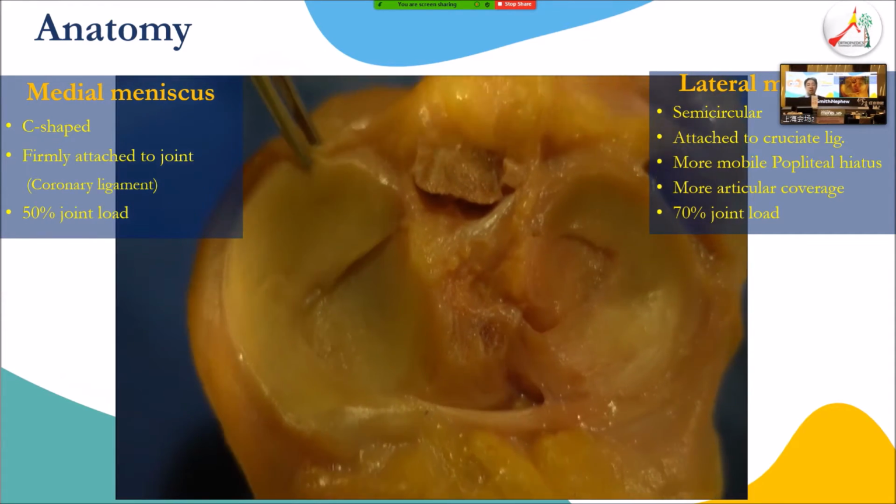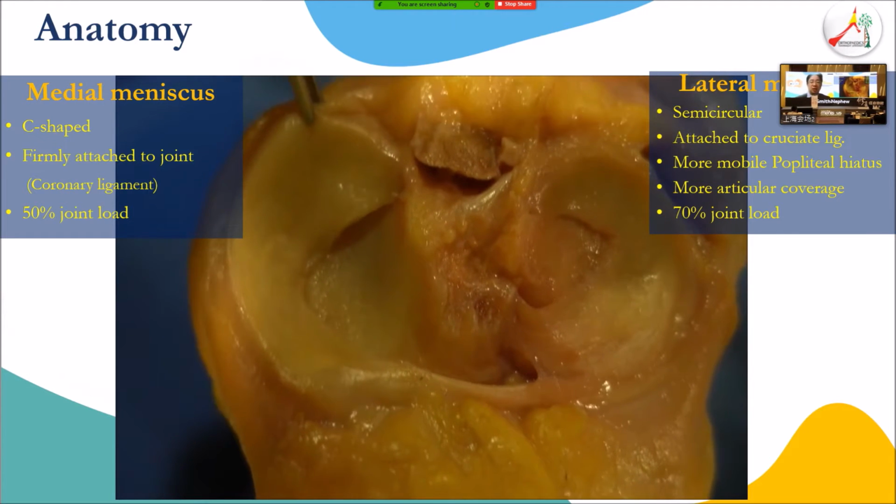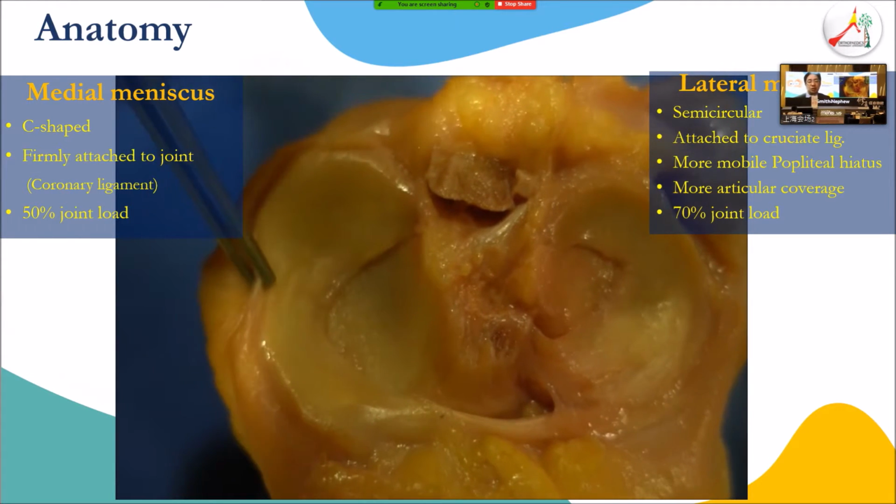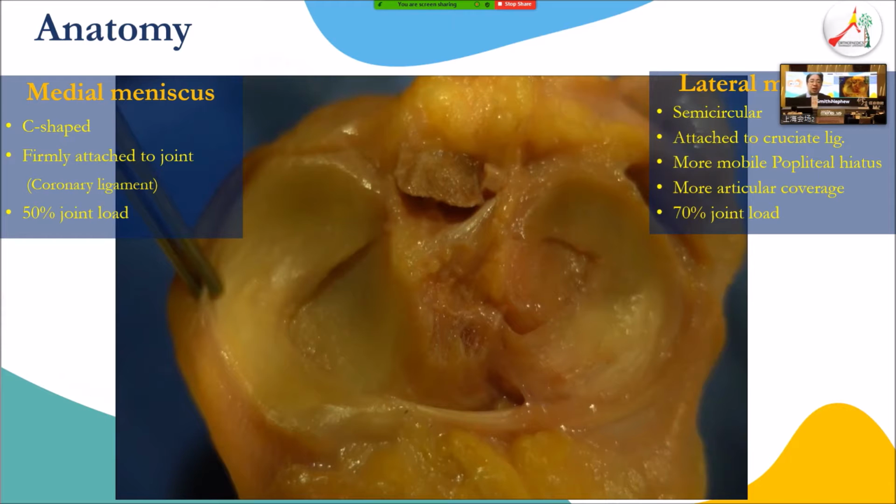So let's save the meniscus. It is a very vital structure. If you cut the meniscus, we cut it a lot in the past, we cannot replace it with any tissue. Even meniscus transplantation is not the same as the meniscus that you repair. So try to save the meniscus.